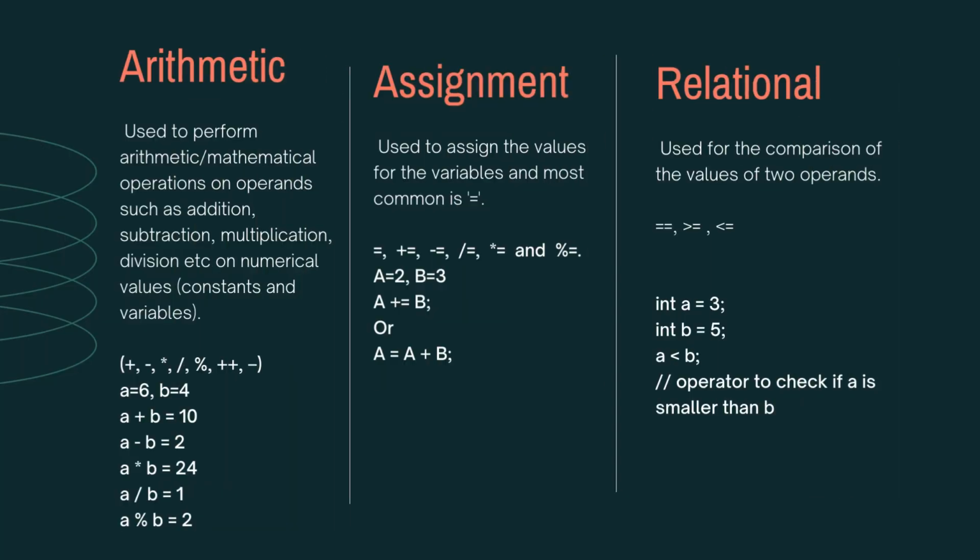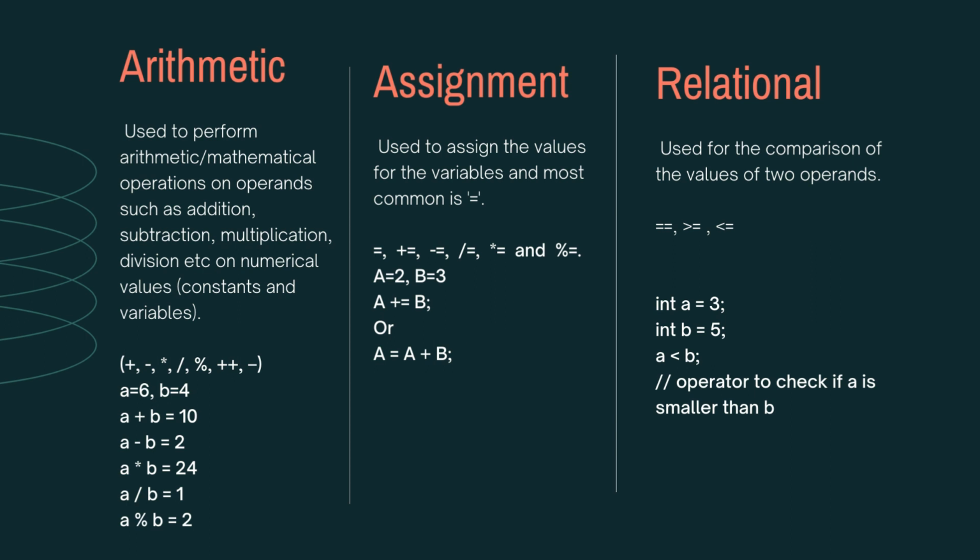Arithmetic operators are used to perform arithmetic or mathematical operations on operands, such as addition, subtraction, multiplication, division, etc., on numerical values, constants, or variables. Here, we can see in the example that operands A and B are operated on by operators such as plus, minus, multiplication, division, and so on.